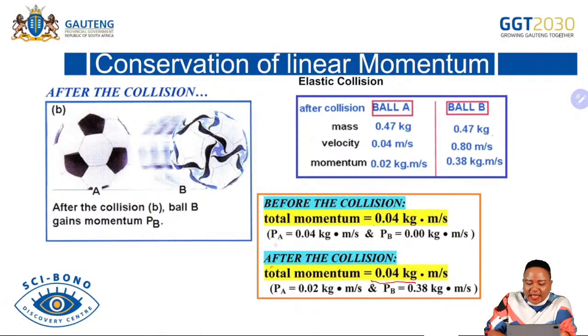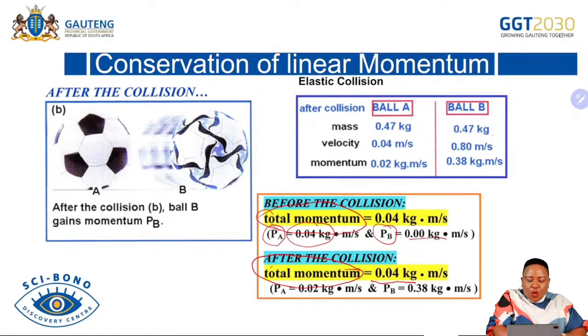So how did you find that? Remember, the initial momentum before collision is going to be the momentum of pole A, and the momentum of pole B was 0. After collision, we calculate using the formula: momentum before is equal to momentum after, which is M1 V1 plus M2 V2. Remember, total is the sum, that's why I use plus.